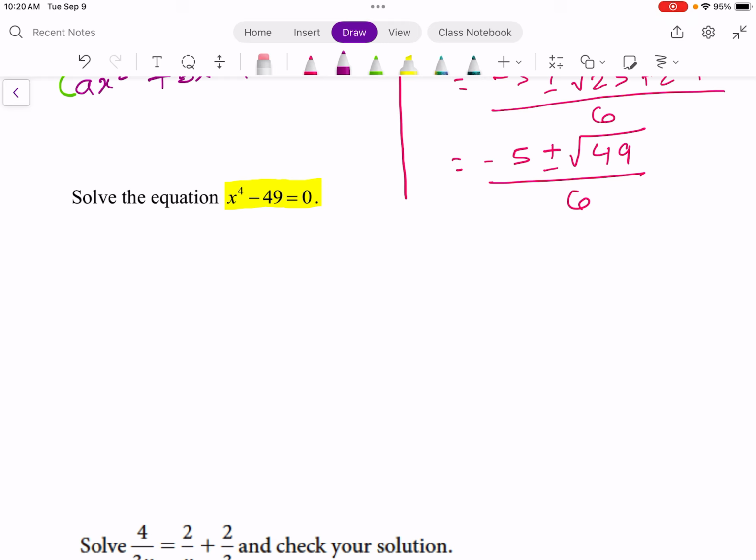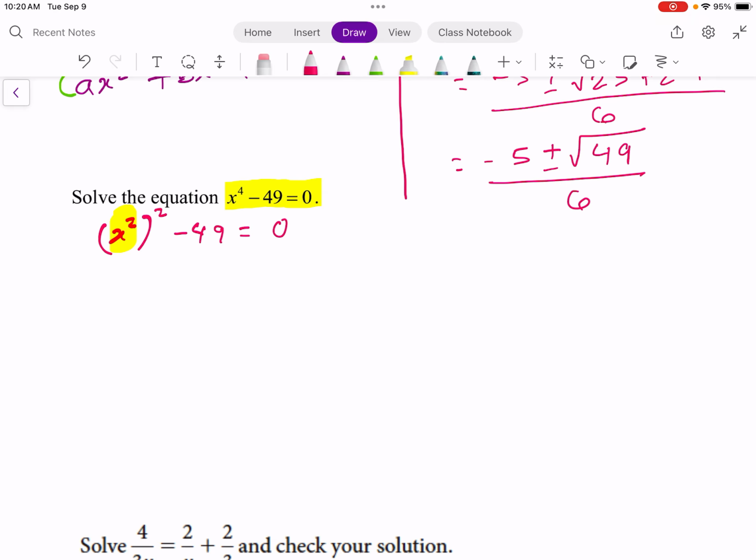Now we rewrite this equation in quadratic form. We can rewrite x to the power 4 as the square of x squared. Then we have negative 49 as it is, equals 0. Now we replace this x squared by some new variable.